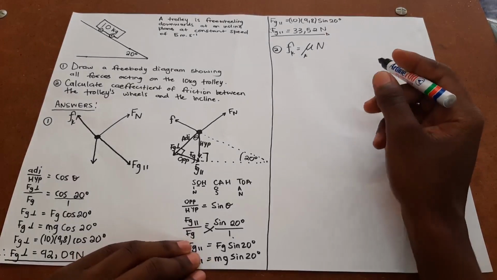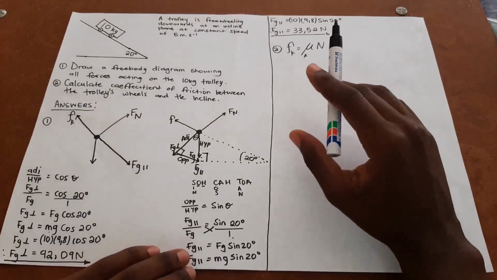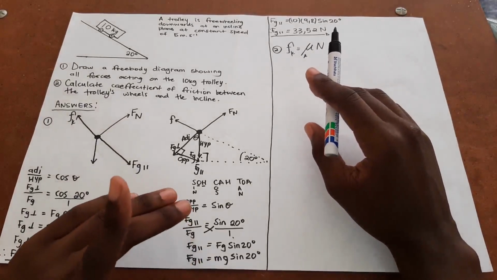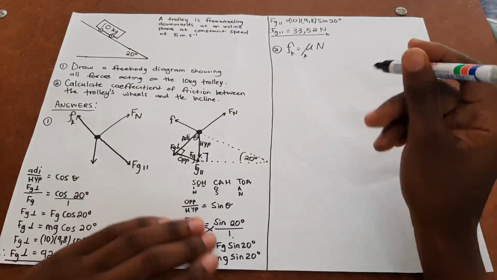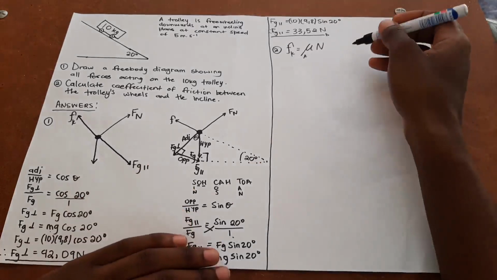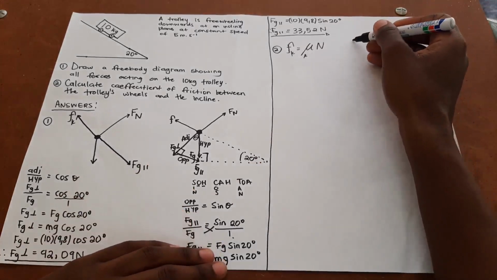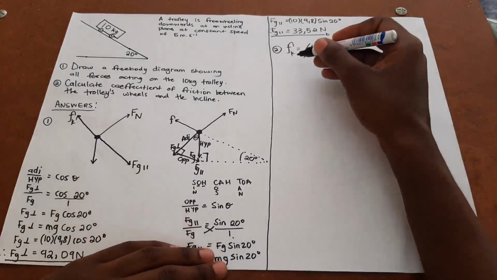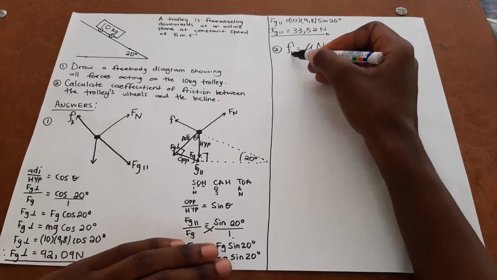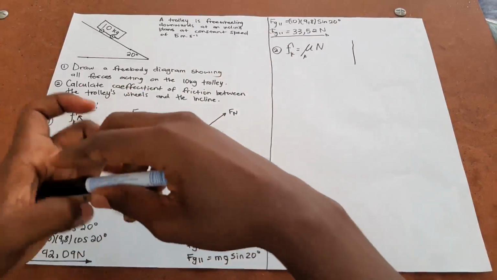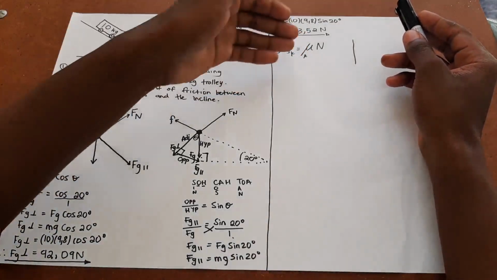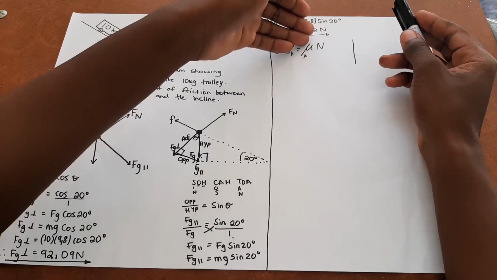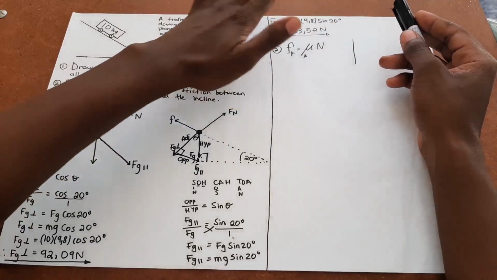Now look at the importance of first finding your vertical components as well as your gravitational components. We have to find them first, because our kinetic frictional force is not given, and our coefficient is the one you are supposed to calculate, so it's not given either.